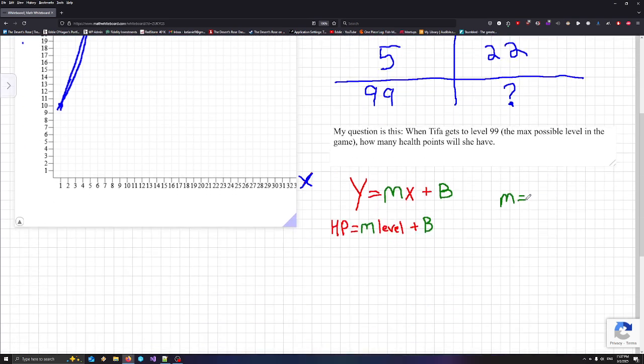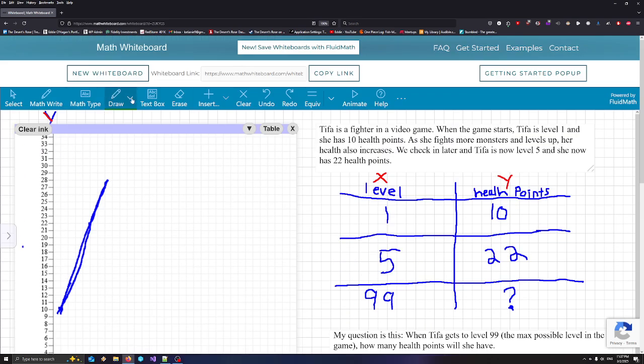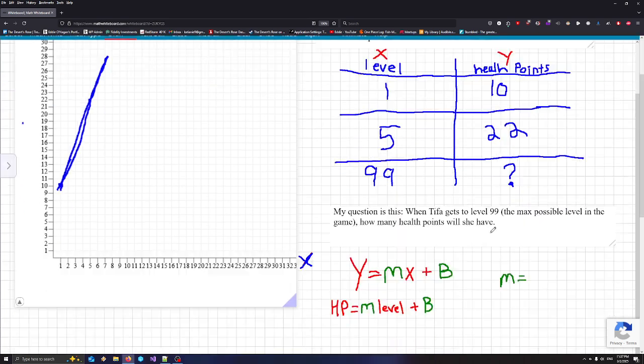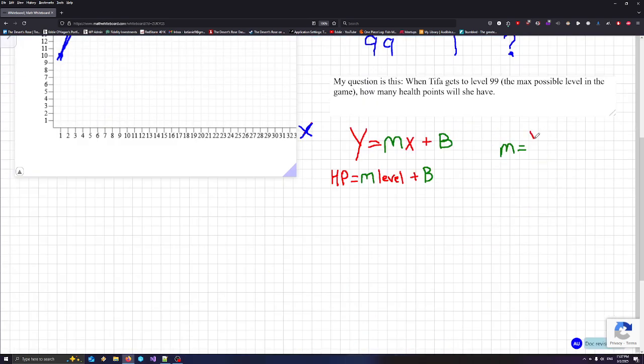So m equals the difference in y divided by the difference in x.